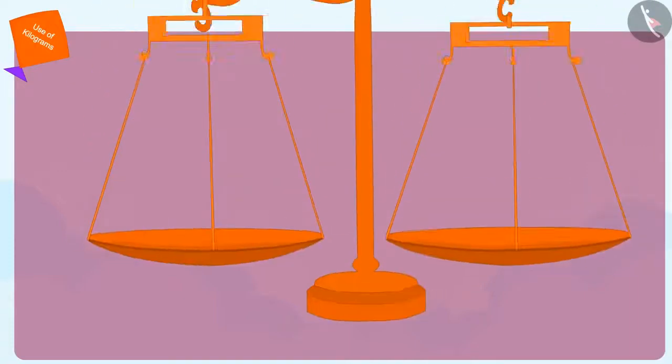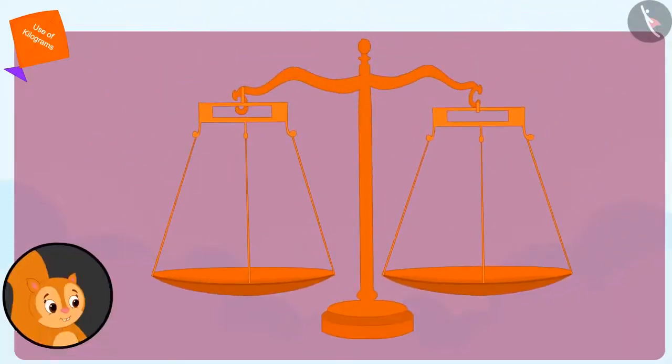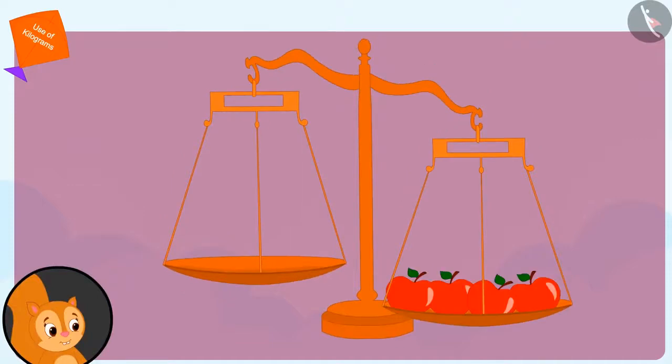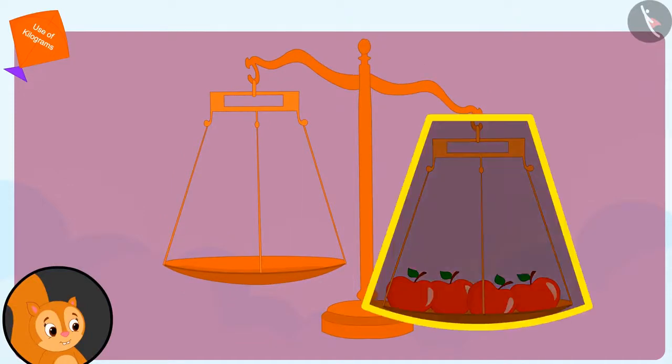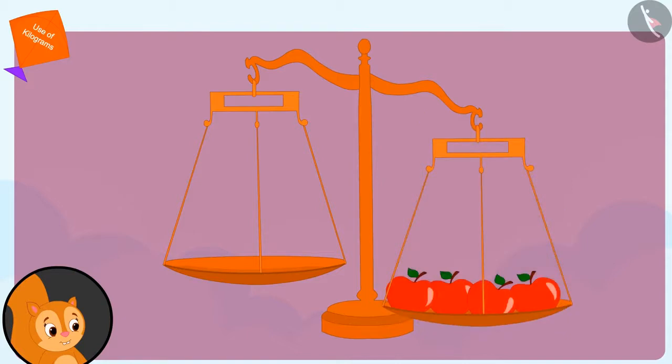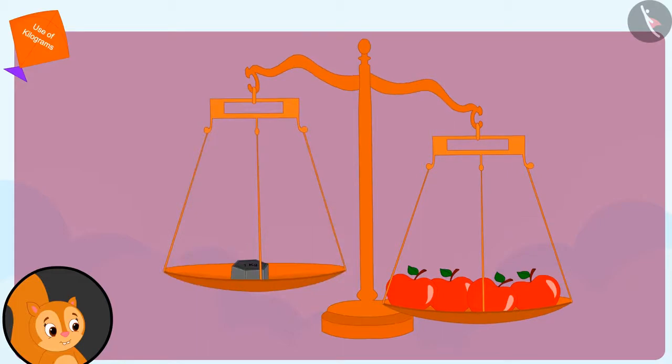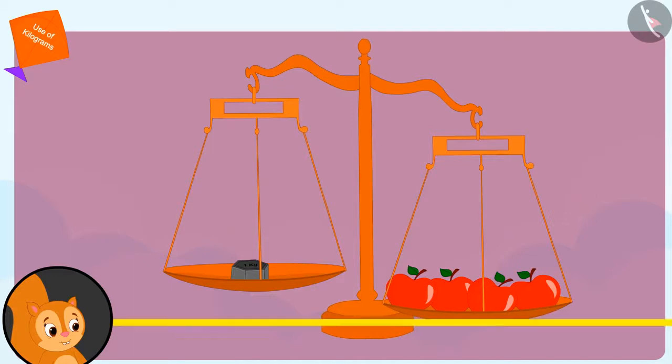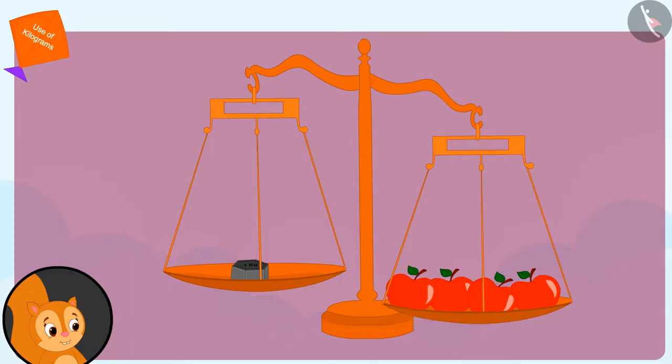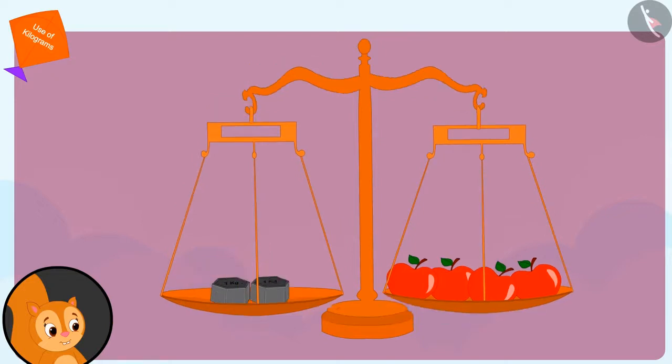Bhola then weighed the 4 apples of Chanda on the scales of his shop. He placed the apples of Chanda on one side and 1 kg weight on the other side. Even now, the apples of Chanda are heavier. Now, Bhola placed 1 kilogram more weight, and both the sides of the scales came to the same level.